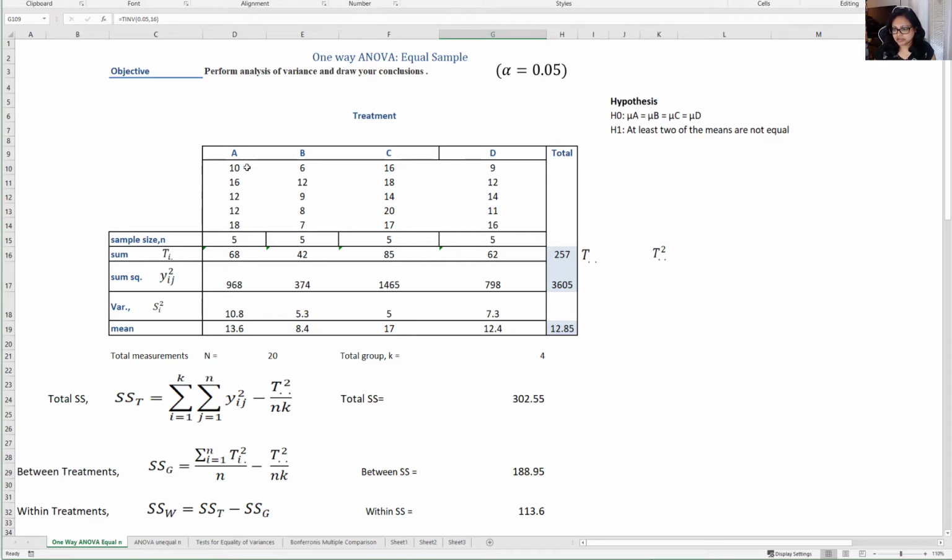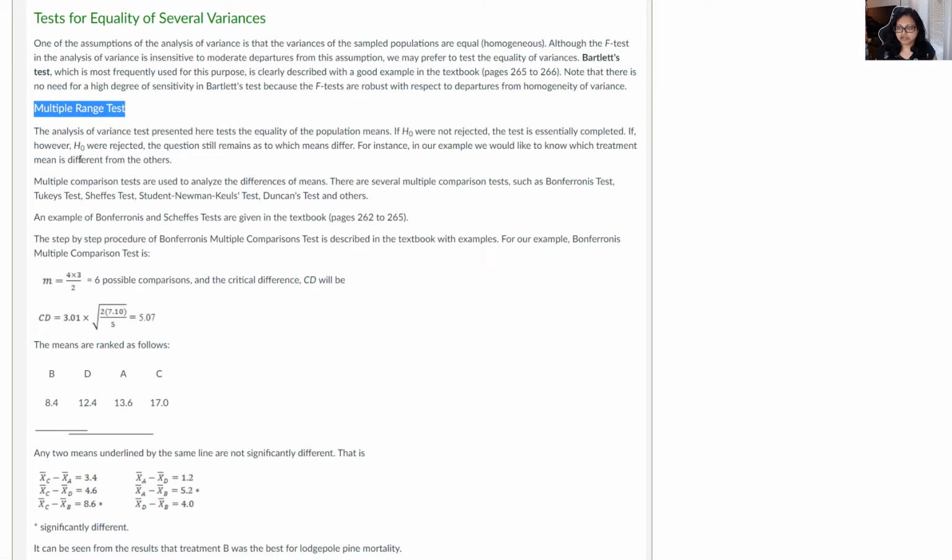That means maybe A or B or B or C. If we find that the null hypothesis is rejected, then which pair is actually different? If we want to find that, we can perform a multiple comparison test.